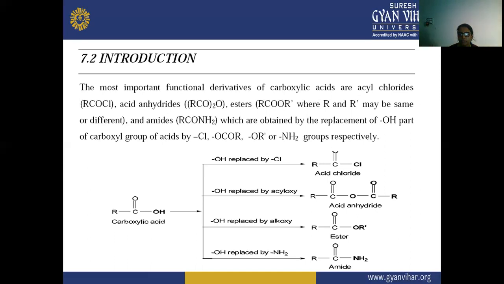Here you can see that from this carboxylic acid, when OH is replaced by Cl, there is a formation of acid chloride. When OH is replaced by the acyloxy group, there is a formation of acid anhydride. When OH is replaced by the alkoxy part, there is a formation of ester. And when OH is replaced by the NH2 part, an amide is formed.